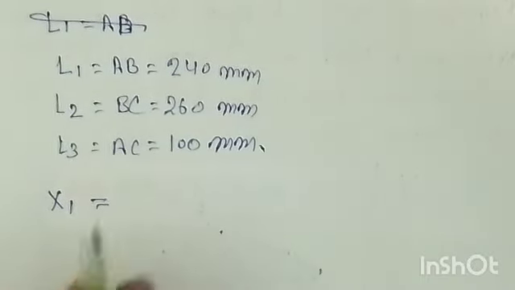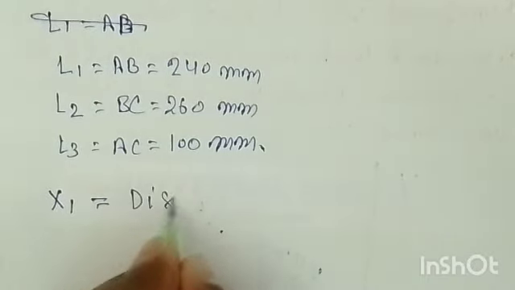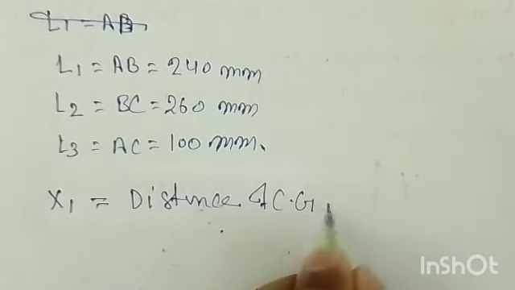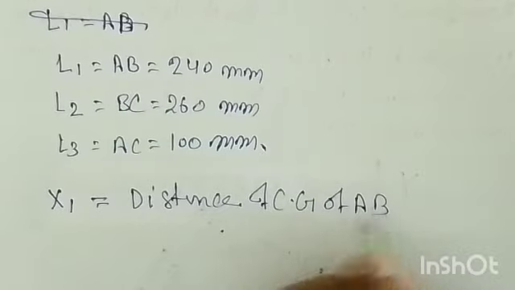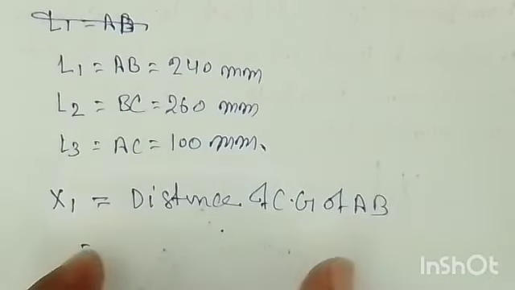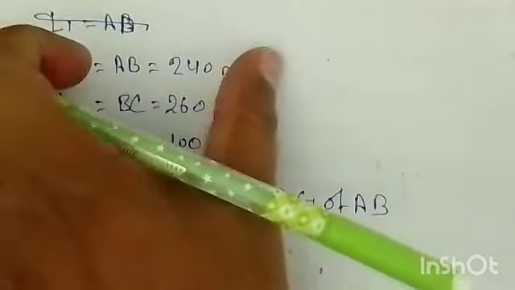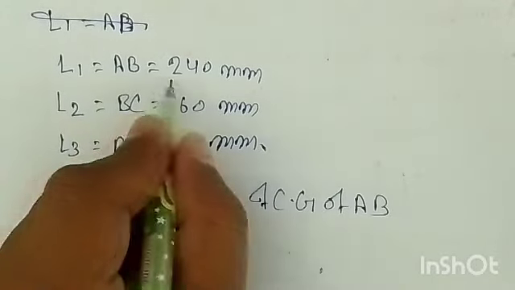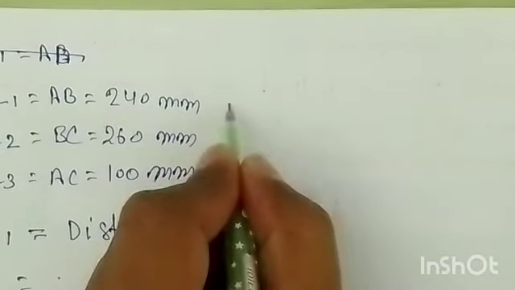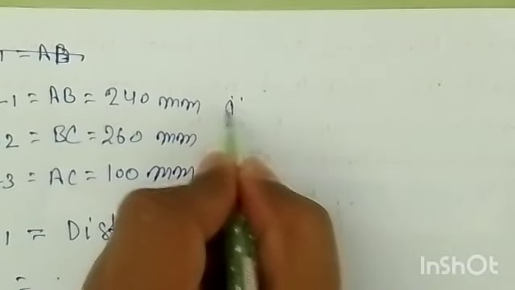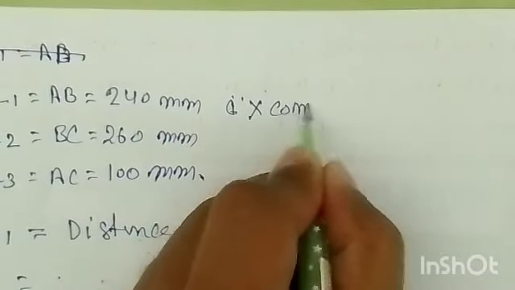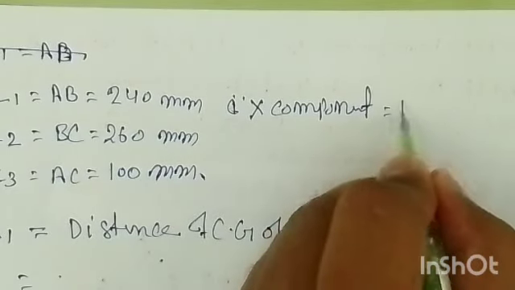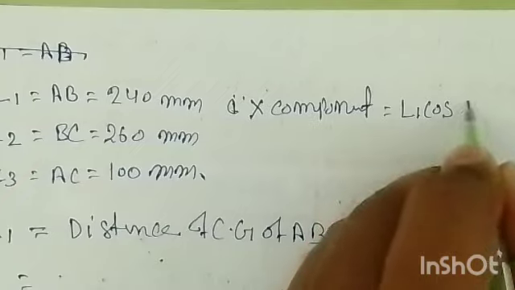So x1 is the distance of the center of gravity of AB, which is half of the component of AB about the x-axis. The x component is equal to L1 cos alpha.